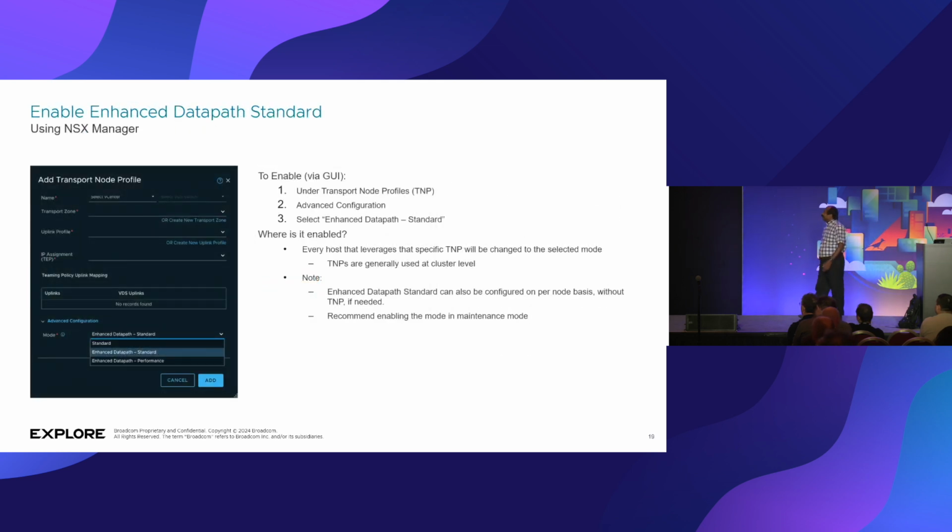Okay. On the NSX side, I guess the rest of you who are NSX users are probably on this side of the house. On the NSX side, you have the ability to change it at the transport node profile area. So you can basically make that change. And again, here too, you would see enhanced data path standard, enhanced data path performance.